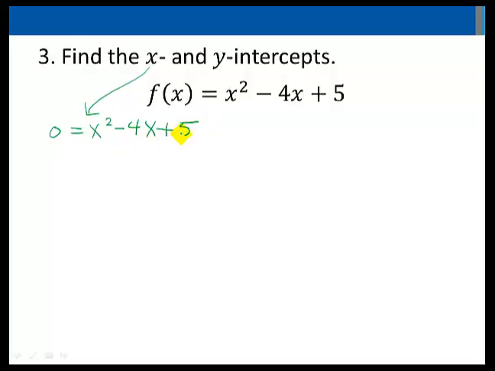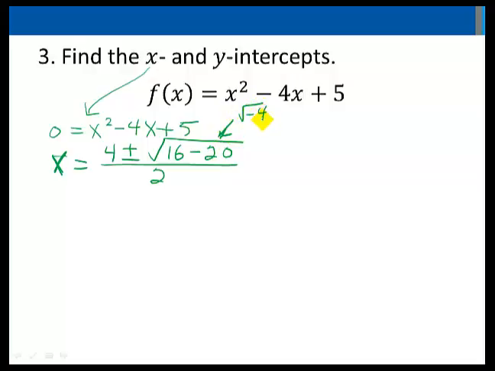This does not factor, so we will need to use the quadratic formula where x = (-b plus or minus the square root of b^2 - 4ac) all over 2a. This is going to leave us with the square root of negative 4, an imaginary number. This tells us that there are actually no x-intercepts on our graph if we come up with an imaginary number.